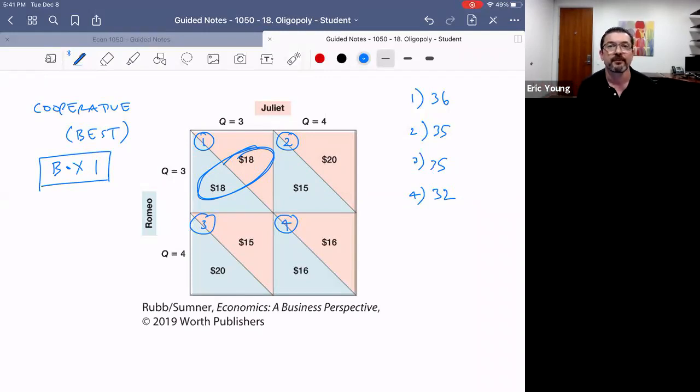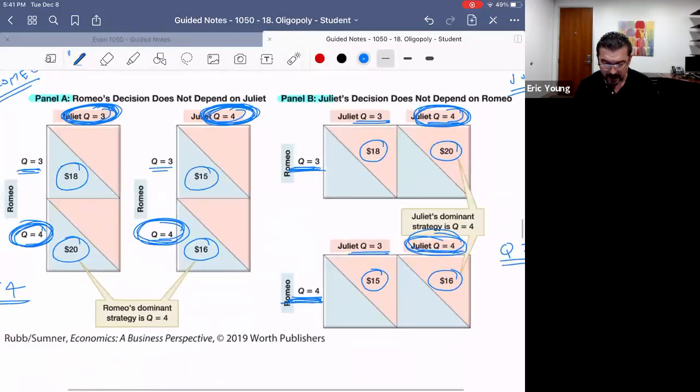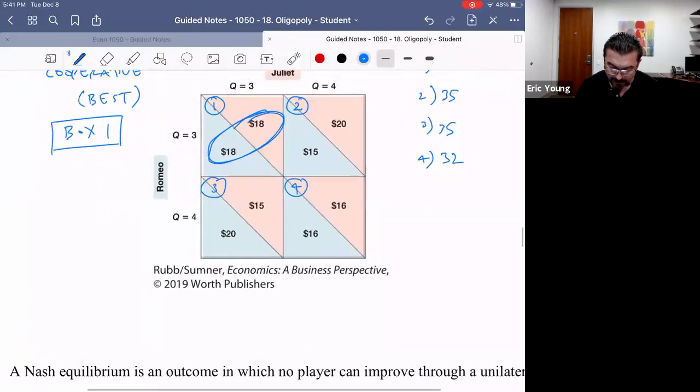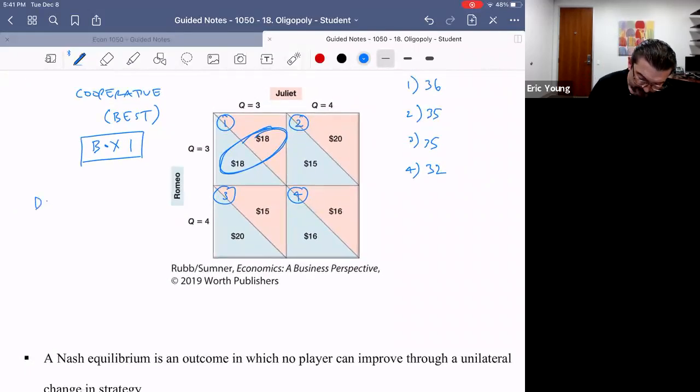Beautiful. But it's not going to happen, because we just showed up here that both Romeo and Juliet have a dominant strategy of Q equals 4.